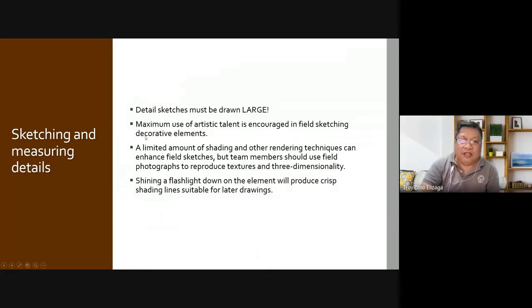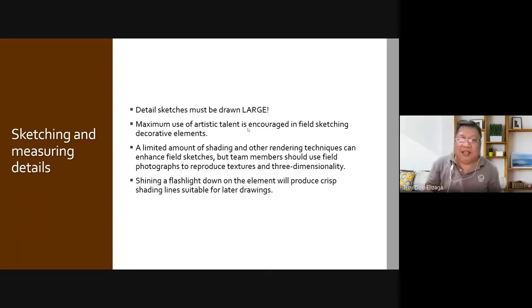So those details. Maximum use of artistic talent is encouraged. Okay, that's why the architects are the best persons to work in this type of documentation and heritage, because although engineers are trained in drafting, they might not have that artistic part, no?